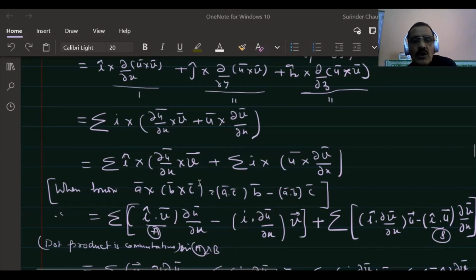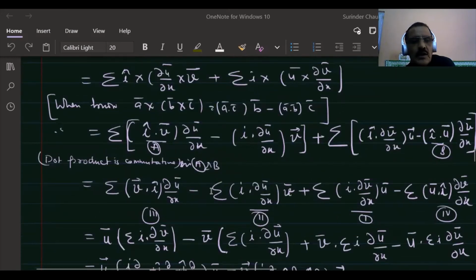A cross B cross C is equal to A dot C times B minus A dot B times C. So the first term is the summation of iota dot partial of v with respect to x times u vector, minus iota dot u times partial of v with respect to x. Similarly for the first three terms and the next three terms.